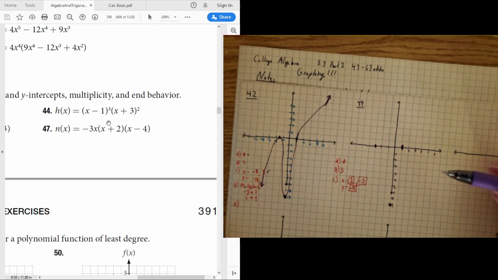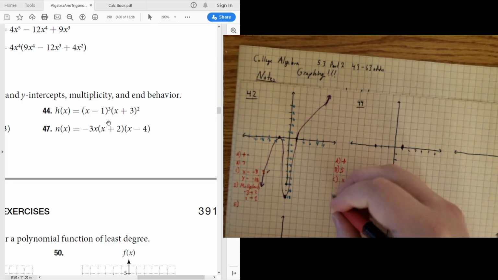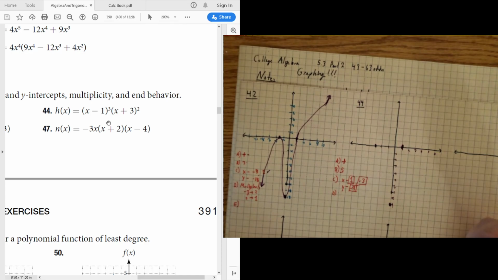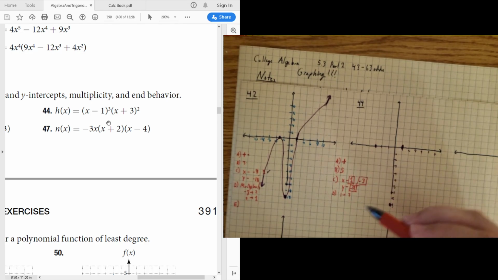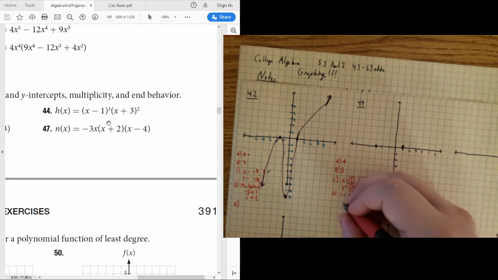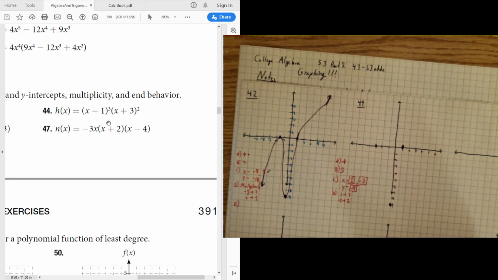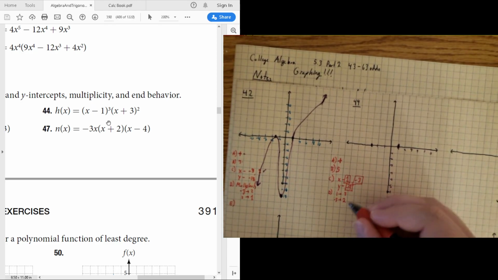Now, let's go to the next piece. D, multiplicity. So when I talk about multiplicity, my 1 has a multiplicity of 3, which you'll notice is odd. That's really important. My negative 3 has a multiplicity of 2. That's pretty important as well, because it tells me how it's going to act.